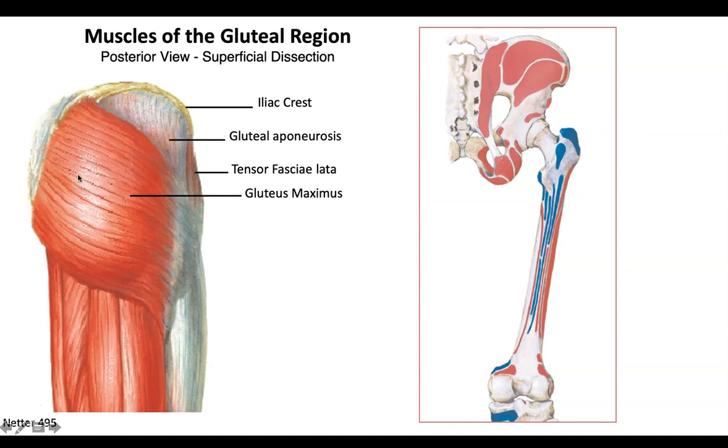The superficial layer of the gluteal muscles includes the gluteus maximus, gluteus medius, gluteus minimus, and also a small muscle which lies mostly on the lateral aspect, called the tensor fascia lata. These four muscles are the superficial gluteal muscles.